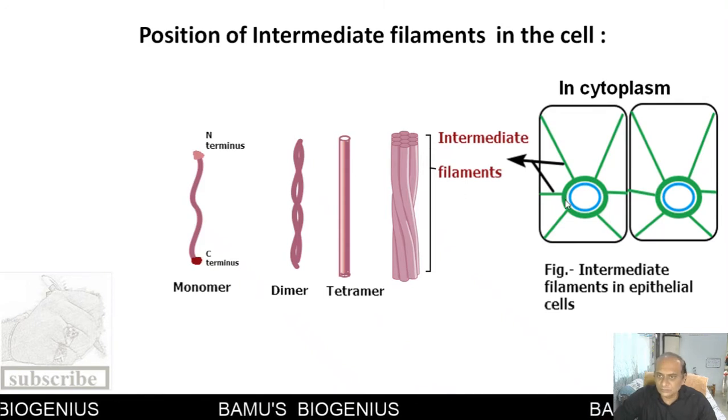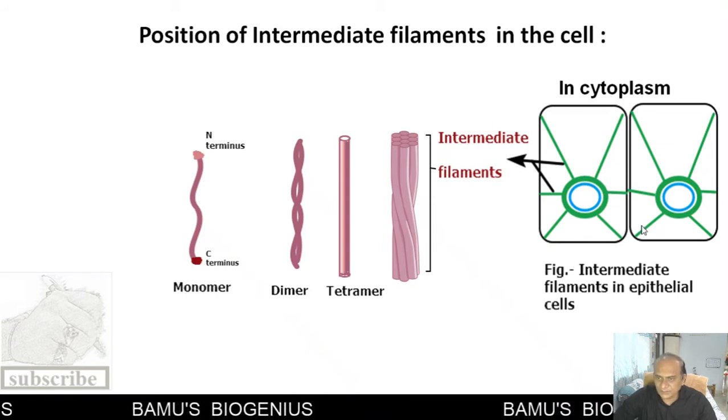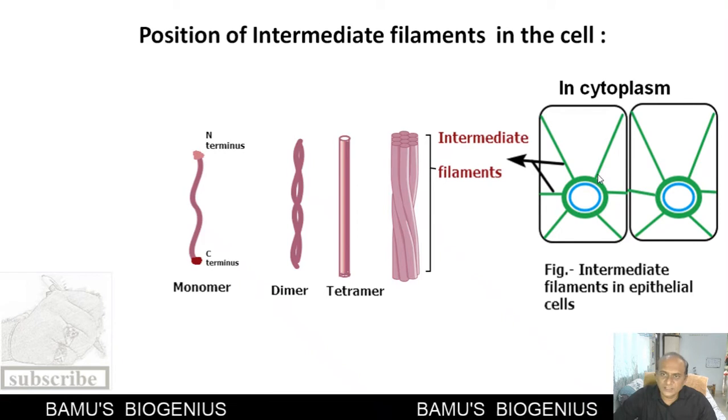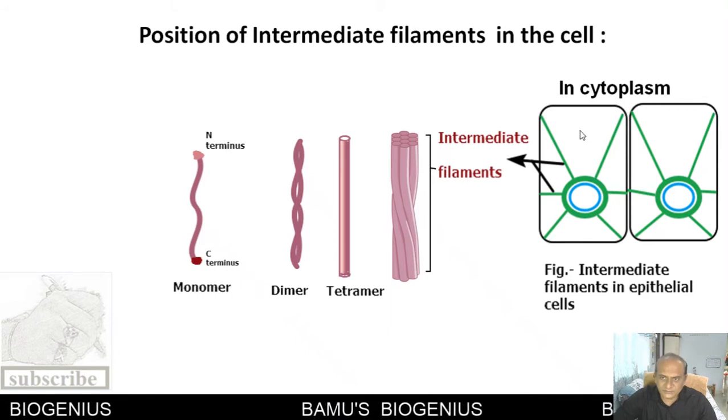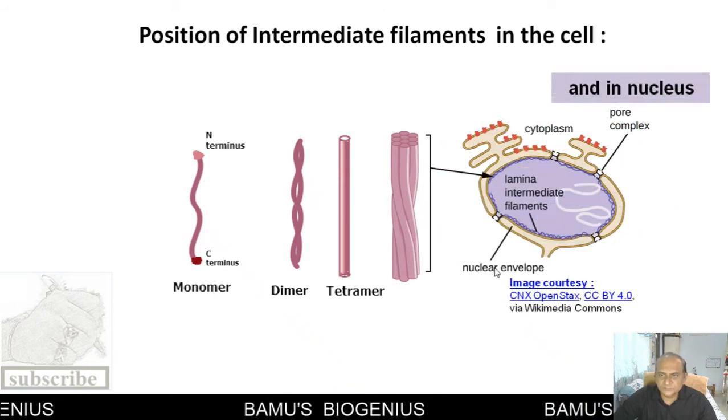Now these rope-like intermediate filaments, for example in epithelial cells, you can see here, are arranged like this, and that means they are supporting the nuclear membrane as well as the plasma membrane. So this is how these intermediate filaments are arranged in the cell cytoplasm.